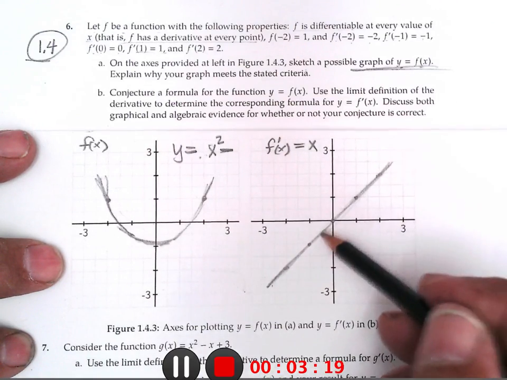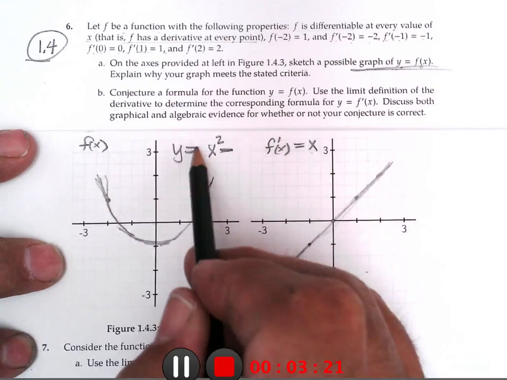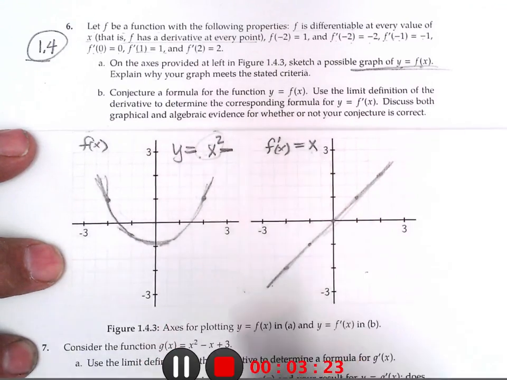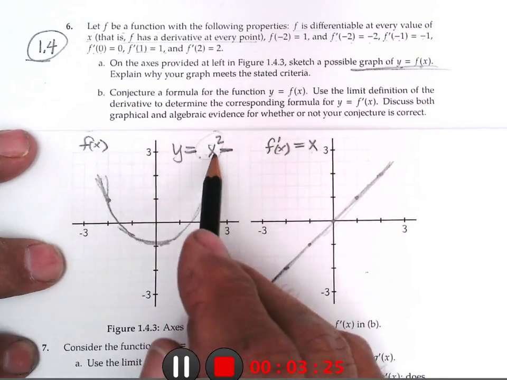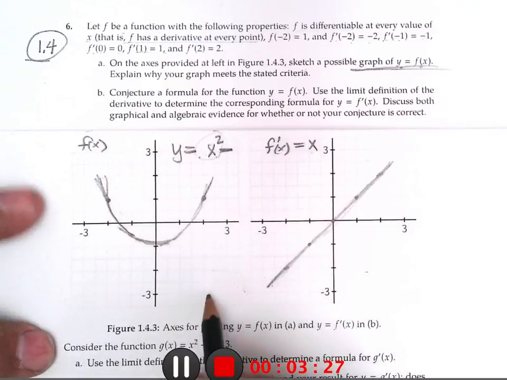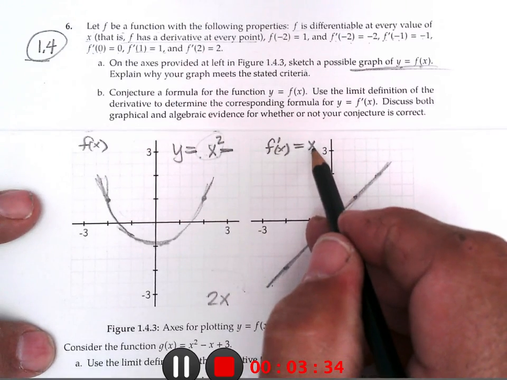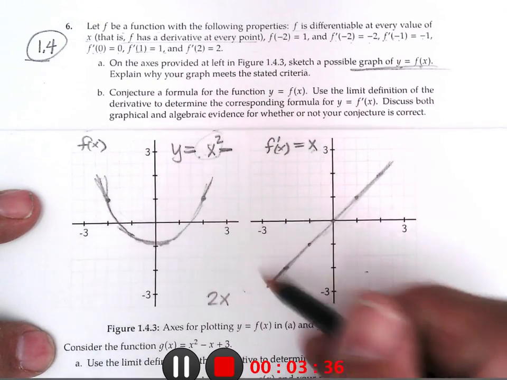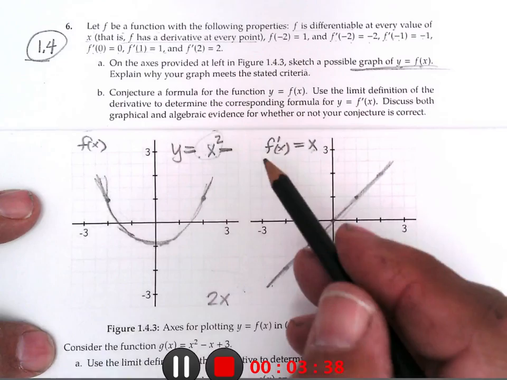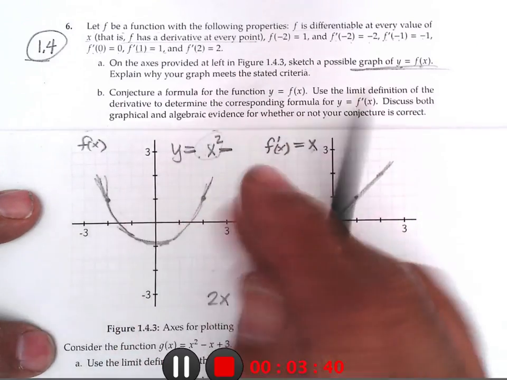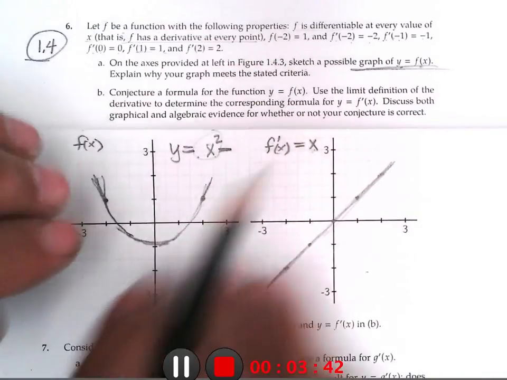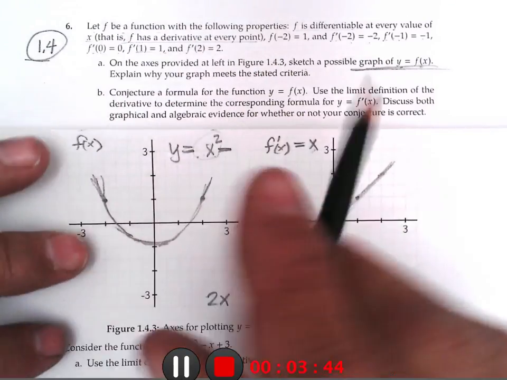If this were the derivative, we know that the derivative of x squared, from previous problems, we found would be 2x, but this is only x. So this is half as steep as a normal parabola. So this parabola must be squished so the steepness gets decreased, probably by a half.